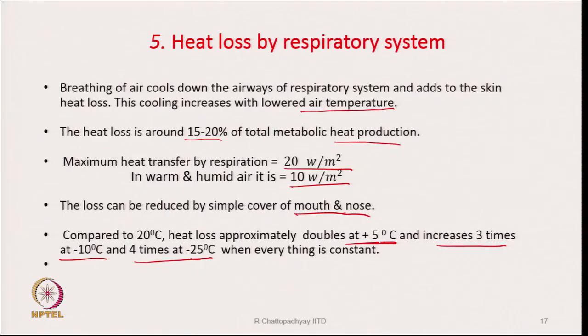Therefore, if we know the situation, how much fall of temperature is possible, then we can think of designing a clothing which will protect a person in such kind of environment, because this information is important to know from the point of view of the requirements that we may need while trying to design cold weather clothing.